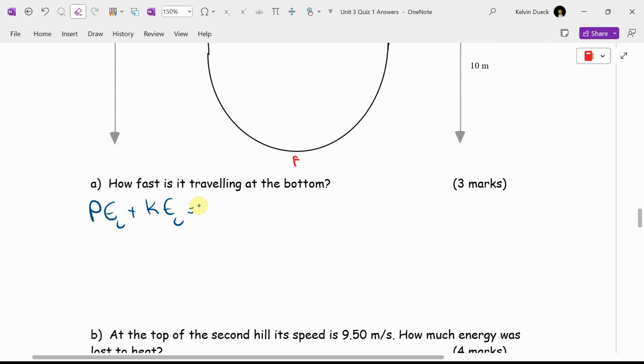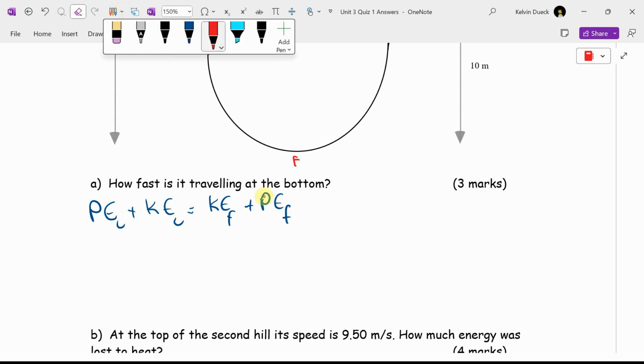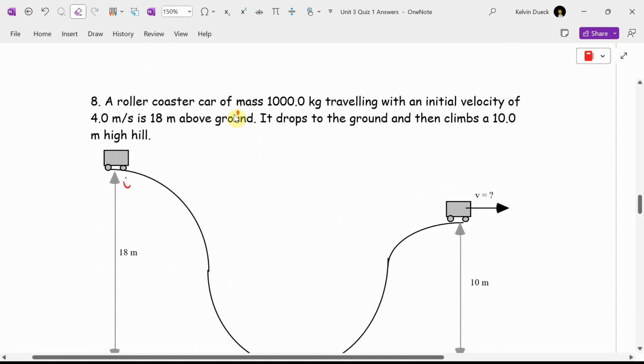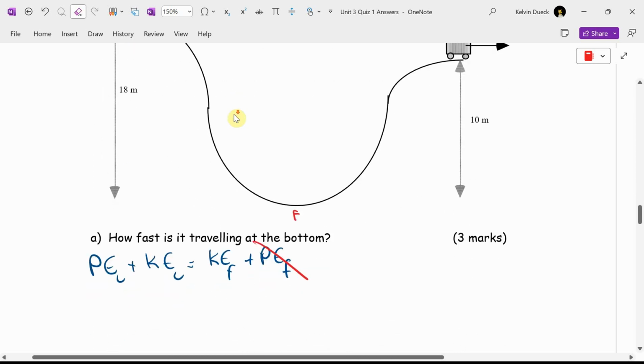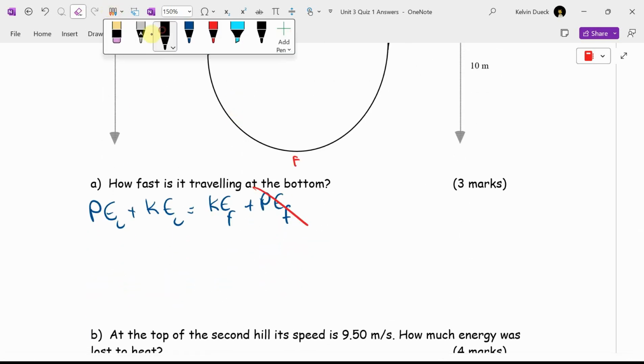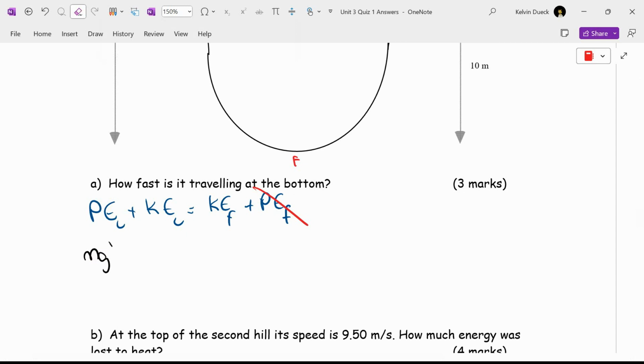GG. Initial plus initial equals final plus final. Are any of these zero? Definitely at the bottom. Were we starting at rest? No. Okay. So it's going to be mgh initial plus a half mv initial squared equals a half mv final squared.